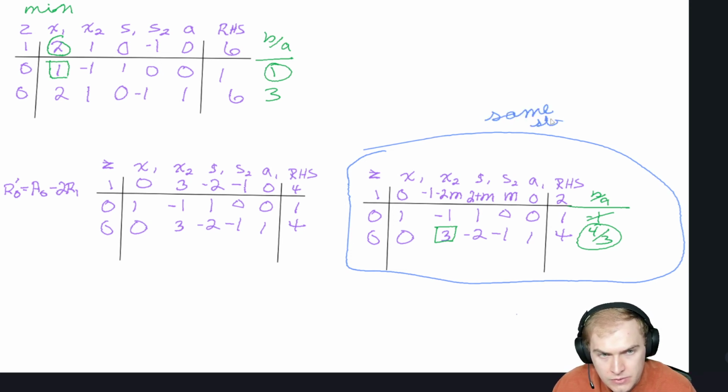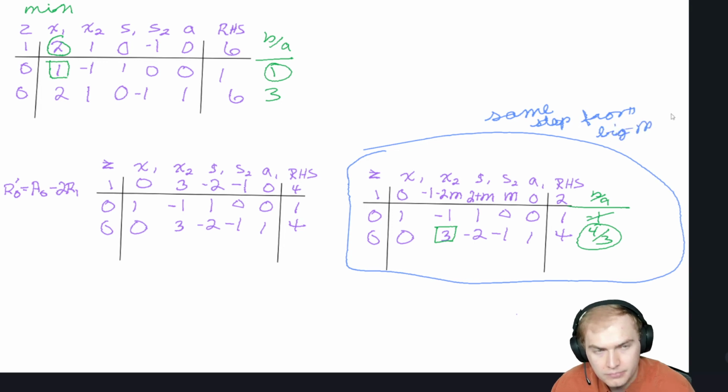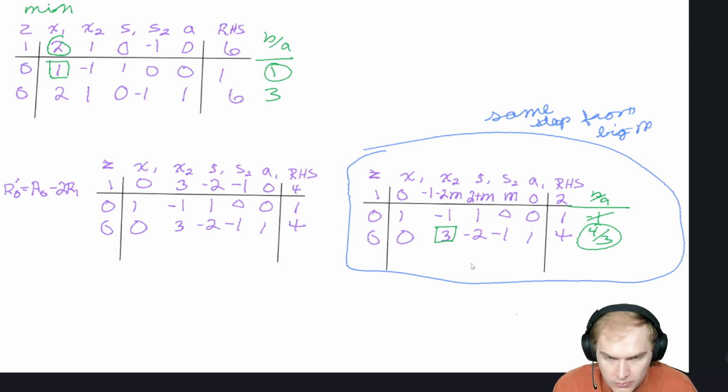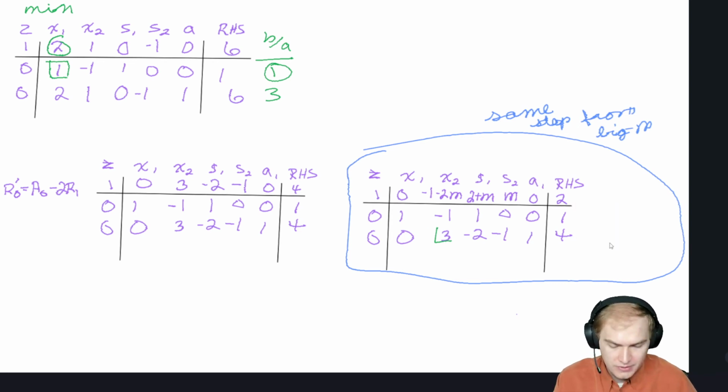Same step from the big M, because the process was sort of the same. We did the same pivot out of the gate.